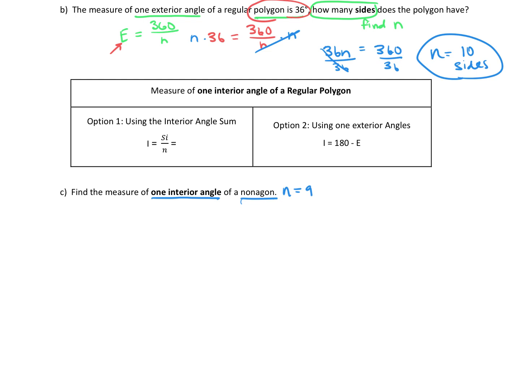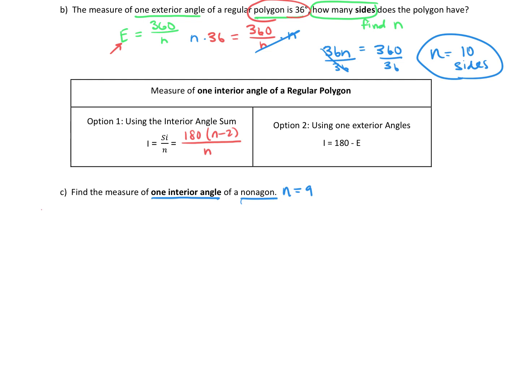If we use option 1, what this is saying is take the sum of your interior angles and divide it by how many sides there are, which corresponds to how many angles there are, and that's how you'll get your one interior angle. This sum of your interior angles, just a reminder, is 180 times n minus 2. And if we divide that down by n, that will tell us what one interior angle is.